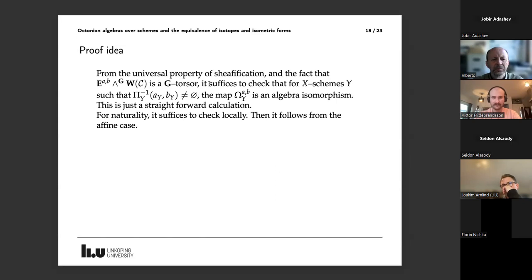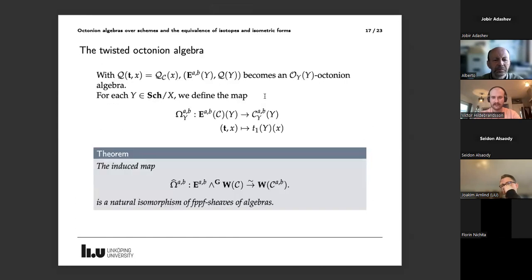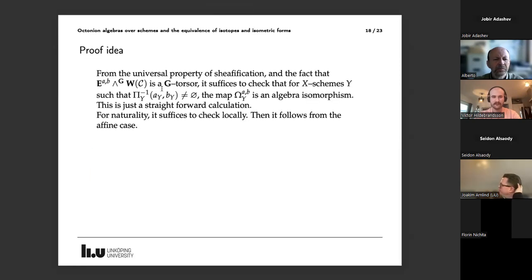It's the universal property of sheafification that makes it enough to check this algebra morphism, and it's the G torsor part that makes it sufficient to check only schemes such that this is non-empty.